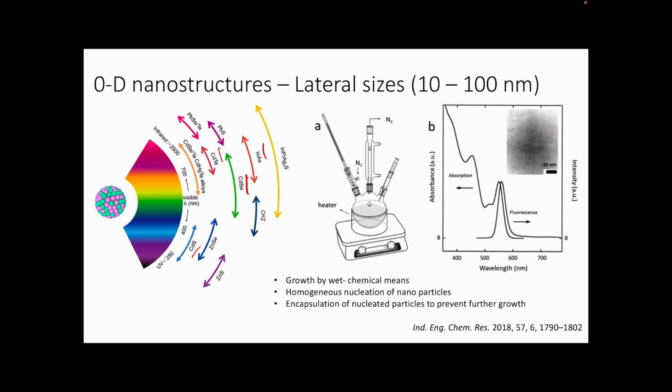All you need is to pass the metal precursors into a solution containing chalcogen, or probably you will send the chalcogen independently. You will nucleate nanoparticles and then cap them with a suitable capping agent so that they will not grow any further. You can control the dimensions. The typical dimensions range from 10 to 100 nanometers, and it has real good applications in optoelectronics, right?